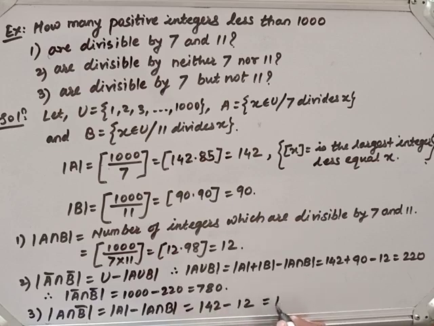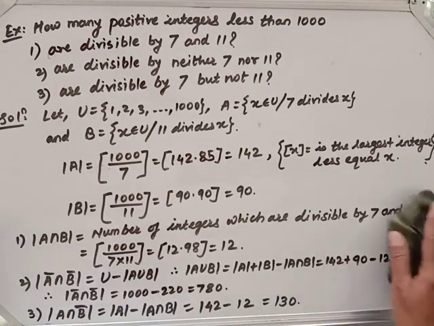So that is how much? 130. This is 130. You can check this using a Venn diagram if required, or if you have a doubt you can ask me. This is the cardinality of A minus the cardinality of A intersection B, that is A intersection B bar. Okay.